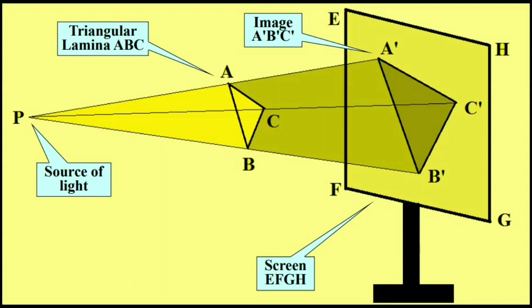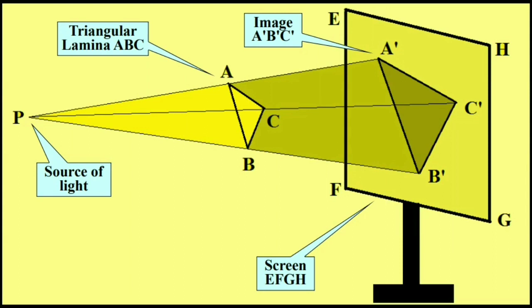Here is another diagram to understand the same concept of size transformation, perhaps in a better way. Here in the diagram, P is a point source of light, ABC is a triangular lamina, EFGH is a screen, such that the plane of the screen and the plane of the triangular lamina ABC are parallel.